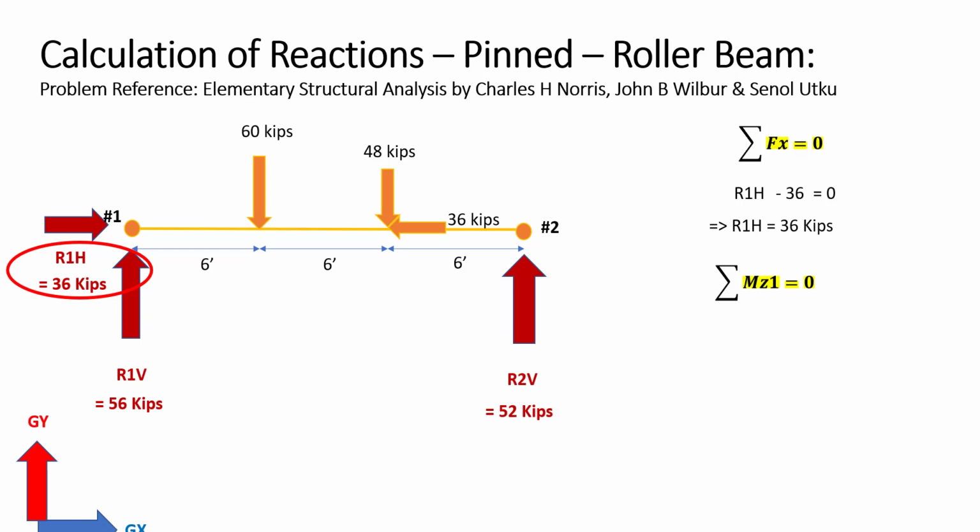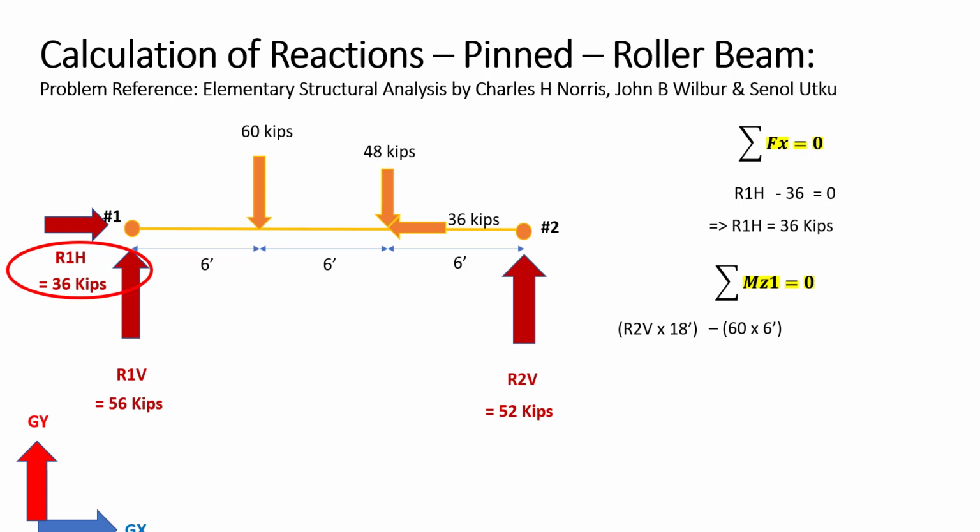So what are the loads that would create the moment? Well, the first load would be R2V, and it would create an anti-clockwise moment. Since R2V is at a distance of 18 feet, we have a positive R2V multiplied by 18 feet as the moment. Then we have the 60 kips load, which would create a clockwise moment about node number 1.